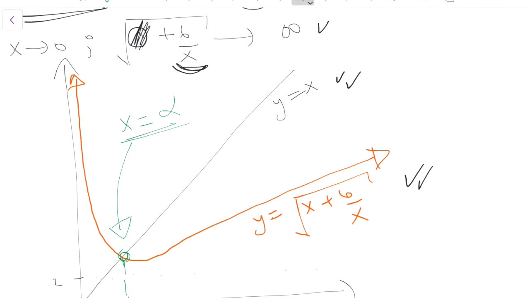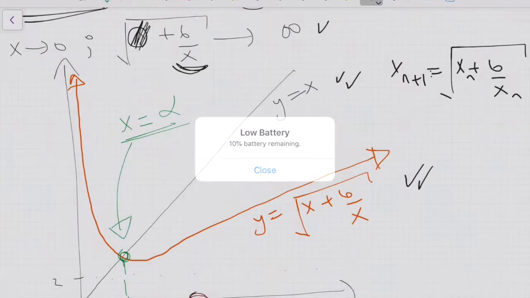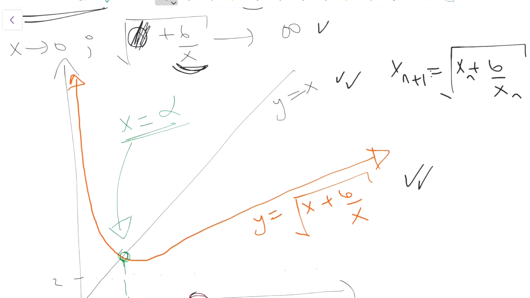So essentially what you're doing when you're saying x_(n+1) equals (x_n plus 6 over x_n) is you're picking a starting point, which is arbitrary. Say you start here, so let me use another color. Okay, let's use blue and make it thick.